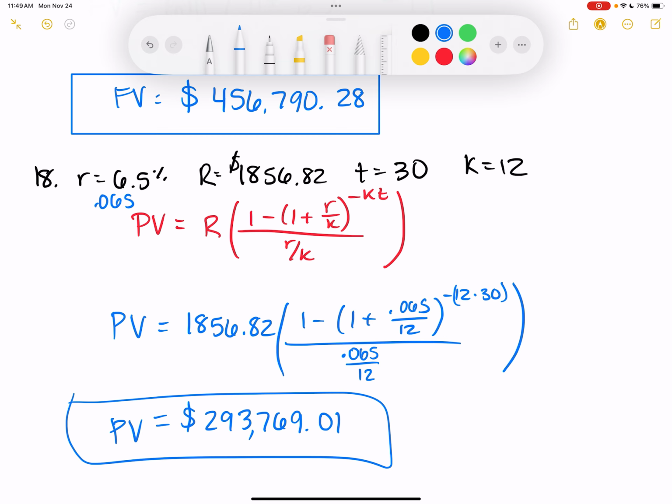Now, the important thing on the quiz and the test is that you do write down the formula so that I can see if the problem is just you don't know how to type it in your calculator, or if you just flat out don't know the formula. So that'll be a big part of the question. Because obviously, if you can write the whole formula out correctly and you get the wrong answer, I'm going to know that you just typed it in wrong.